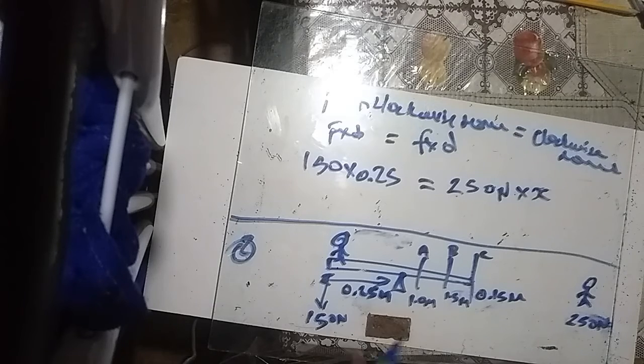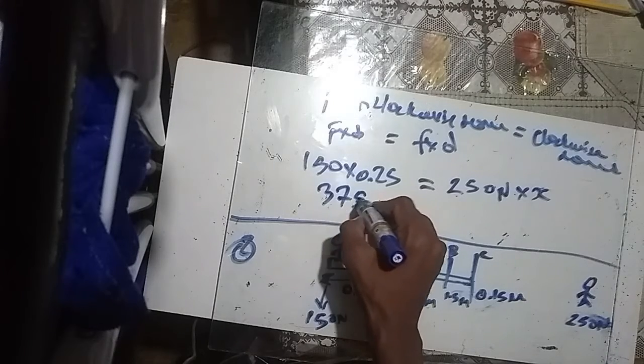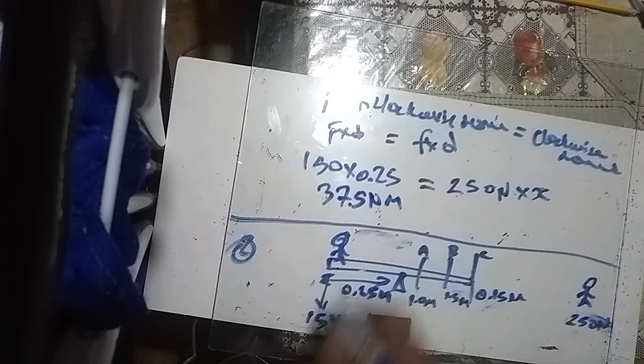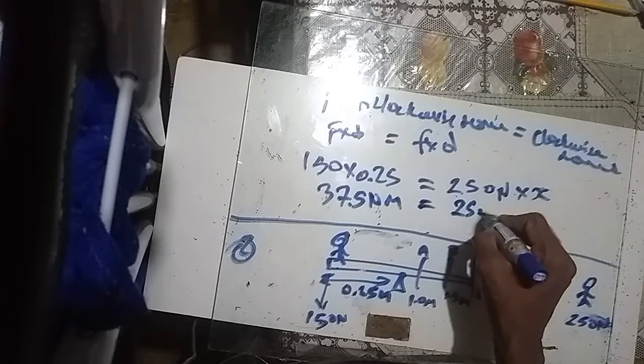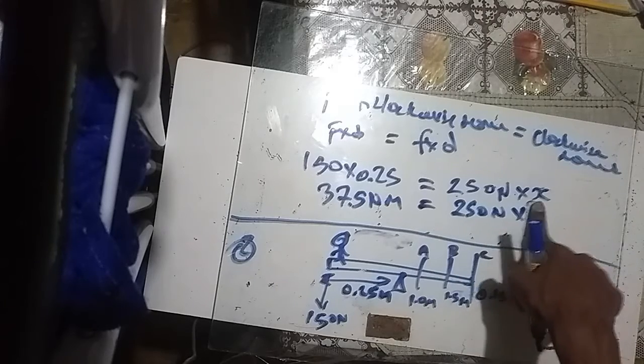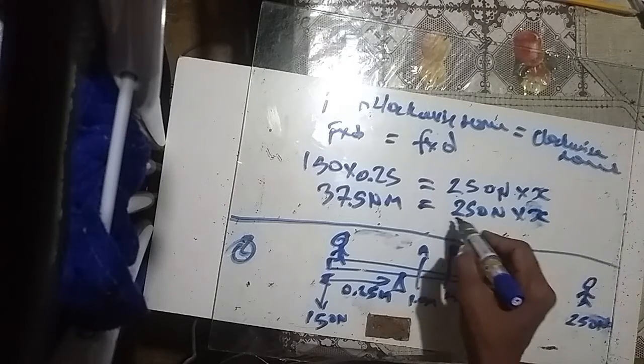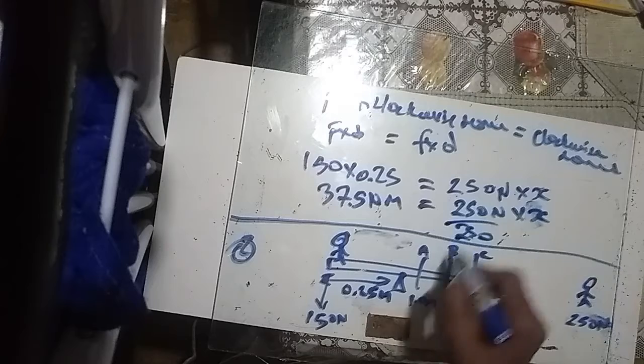Alright, so her total moment over here is 37.5 Newton meters, which is equal to 250 Newtons times x, which is a distance that we do not know. How do we find this? Simple. Divide it by 250.